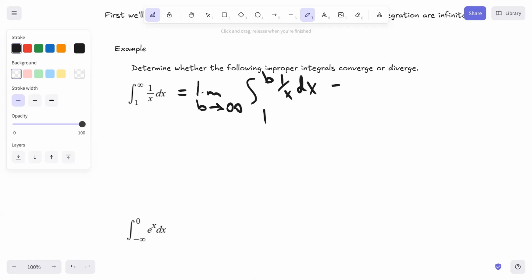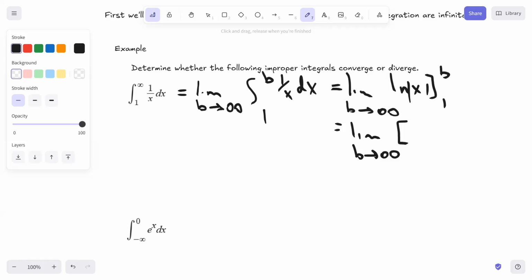So this would become the limit as b approaches infinity of the antiderivative of 1 over x, which is natural log of the absolute value of x, but it's kind of redundant because the limits are 1 and b, which are positive. So evaluating from 1 to b, that's going to be the limit as b approaches infinity of natural log of b minus natural log of 1.